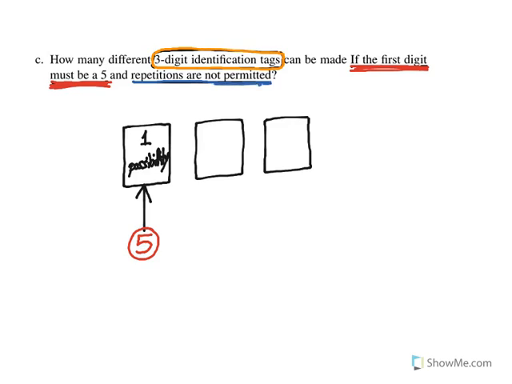You read again, repetitions are not permitted. So this means that for the second one, I can use the digits 0, 1, 2, 3, 4. I should skip 5 because I cannot repeat it. 6, 7, 8, 9. And if you count, you have 9 possibilities here.